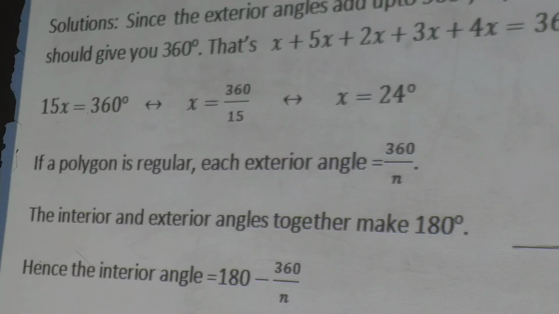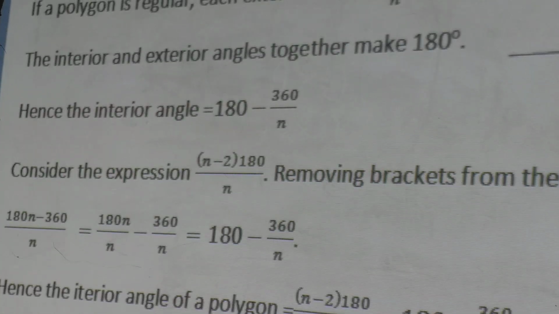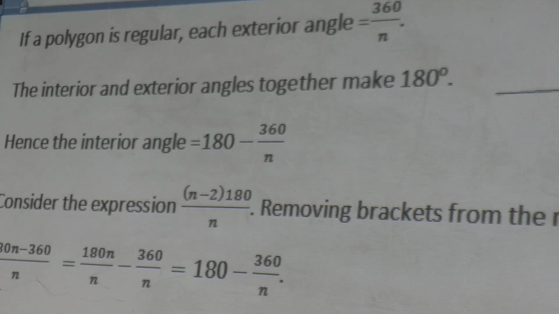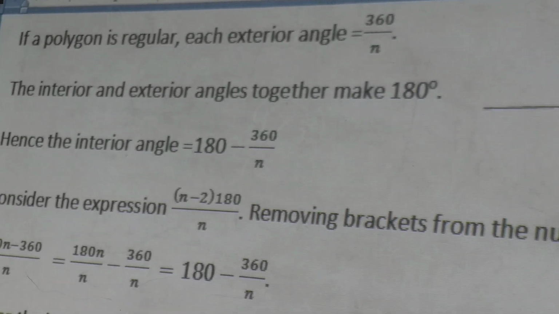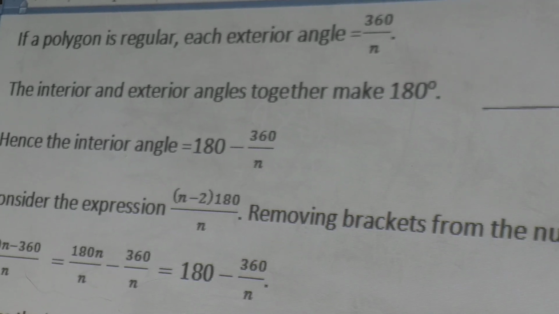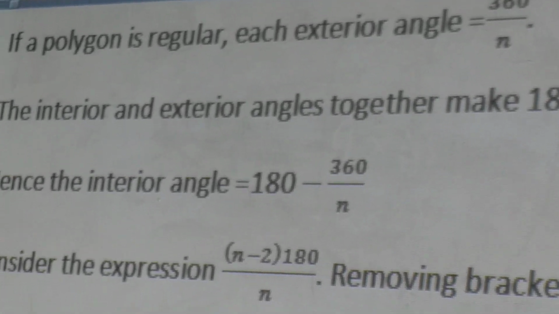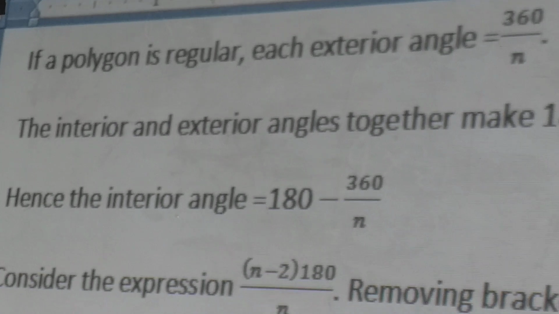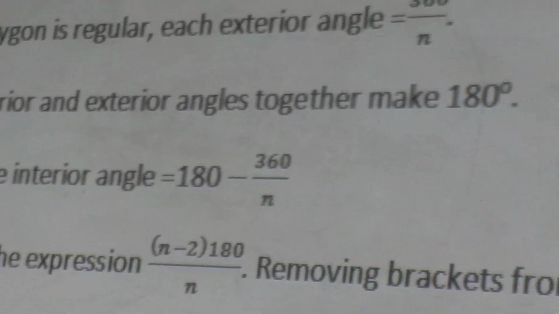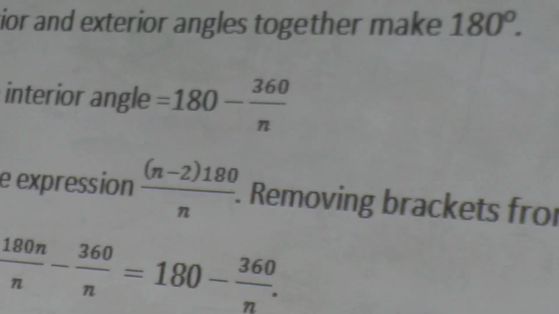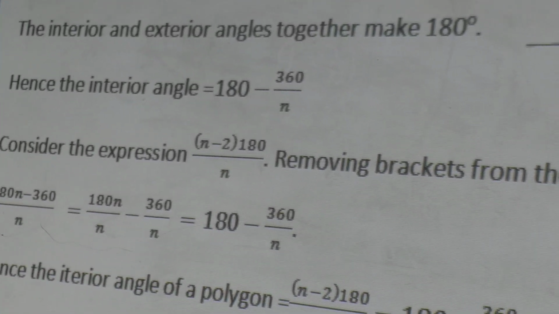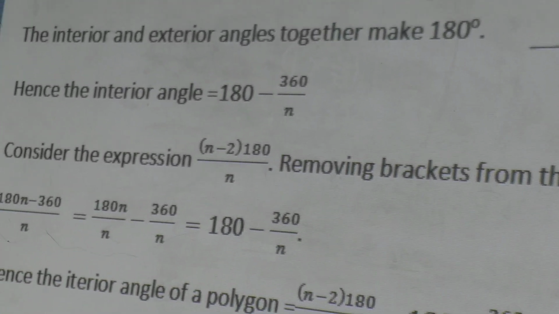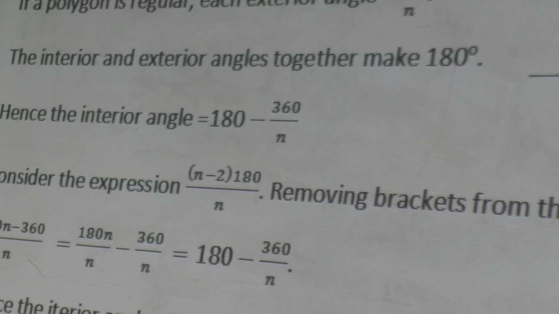Now we must also know this about exterior angles. If the polygon is regular, it means we can divide the total sum of angles by the number of angles to get each exterior angle, which is 360 over n. We must also know that the exterior and the interior angles together make 180 degrees.